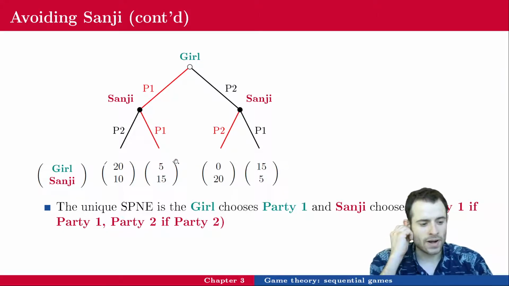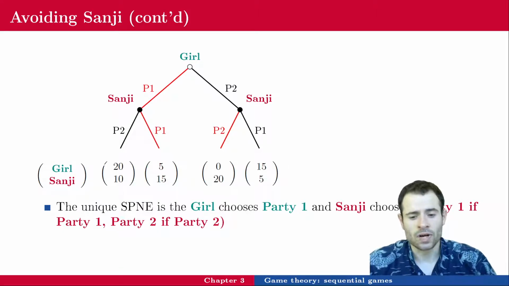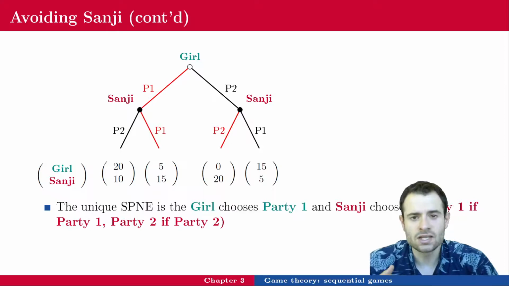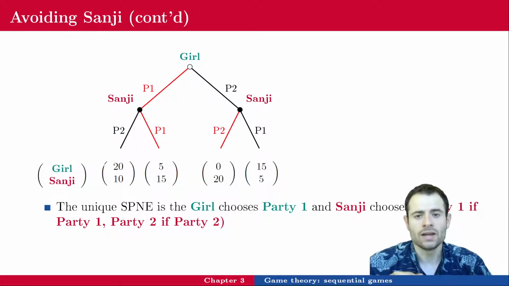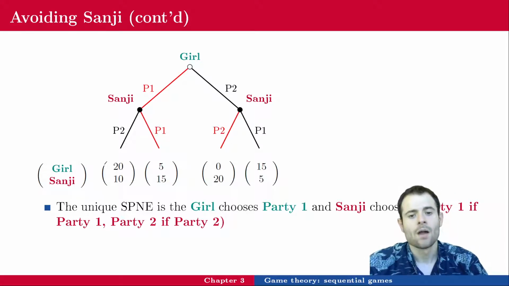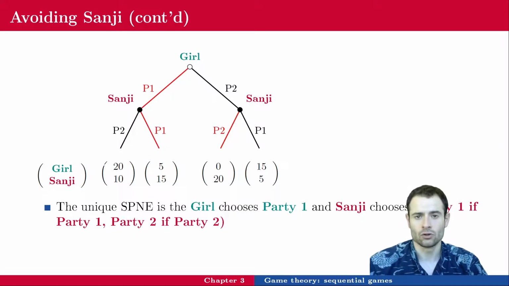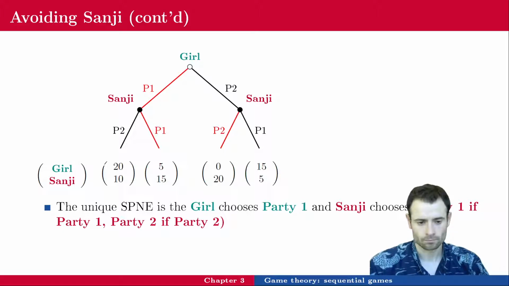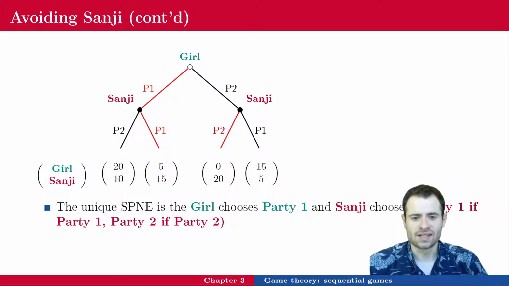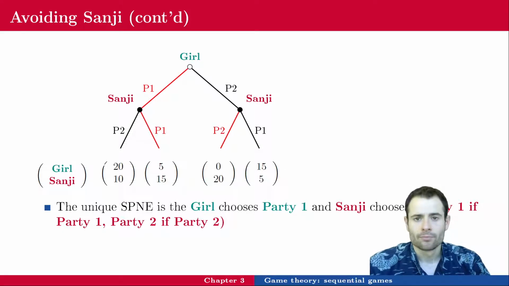Again, let's write down the Nash equilibrium. The girl chooses party 1, and Sanji chooses party 1 if she goes to party 1, party 2 if she goes to party 2. In this SPNE, they both end up playing party 1.